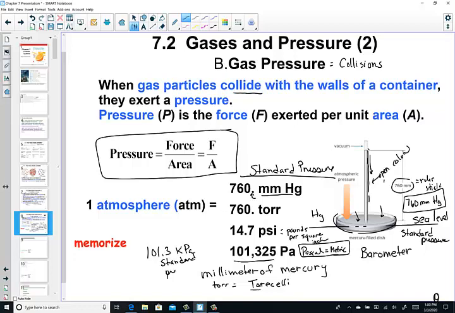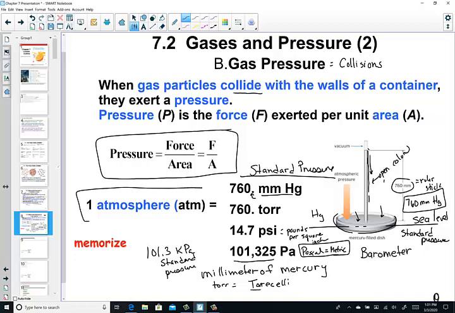Now when we go to work, we need to be able to convert between these units. And so I wrote down a note here that says you need to commit to memory these values. That 760 is the standard pressure in a millimeter of mercury, which is equivalent to saying torr. And that 14.7 pounds per square inch is the same as 760 torr. And that 101.3 kilopascals is the equivalent value in a metric unit.